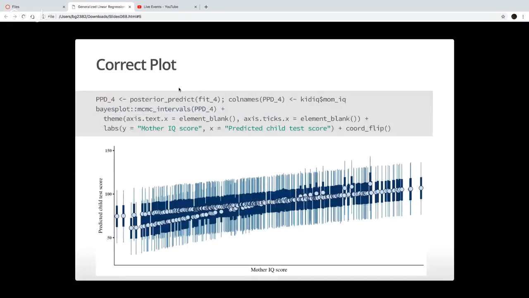So posterior_predict will return a matrix that is S by N. So it has S rows and N columns. Each of the rows pertains to one iteration of the Markov chain. Each of the columns pertains to one observation in the original data set, or if you give it a new data set, for out of sample predictions.